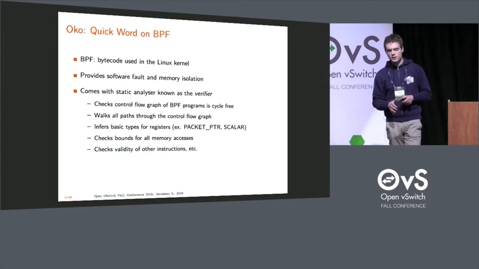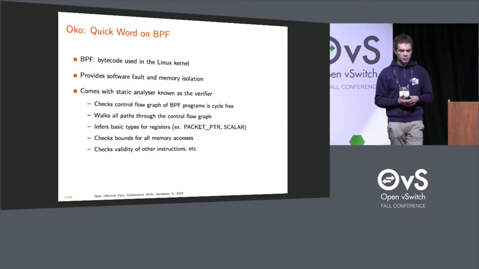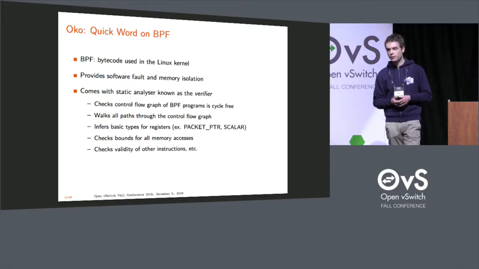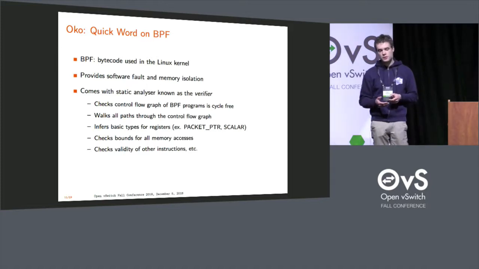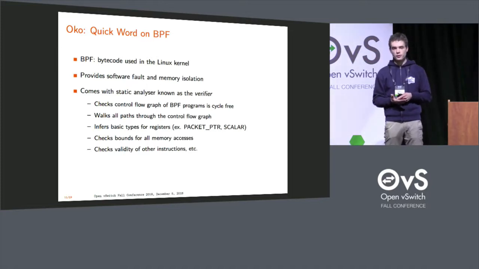Now the way it does that is in part using a static analysis step that is done by what is known as the BPF verifier. And the BPF verifier does a number of different things. First, it's going to check whether the control flow graph for your BPF program is cycle-free.